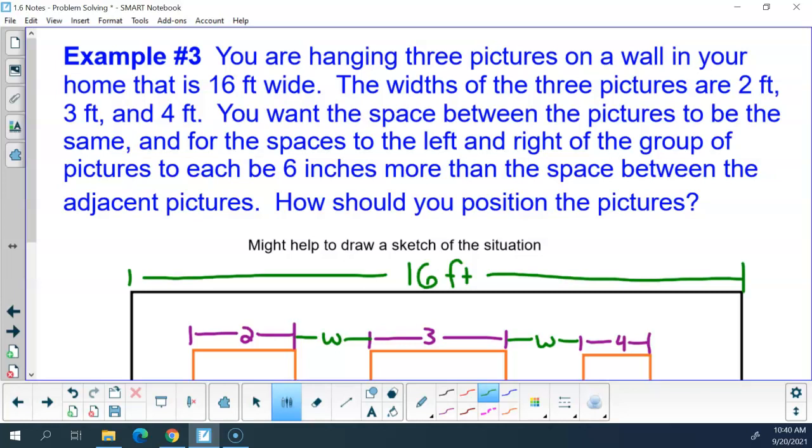What are they? Okay, but how wide are they? What does the problem say that they should be? 6 inches more, right? So what are those outside gaps then?